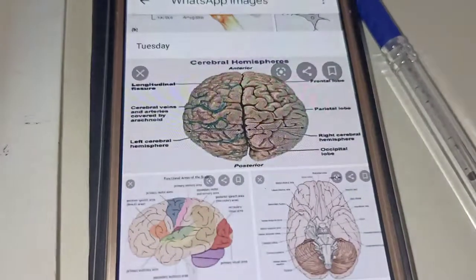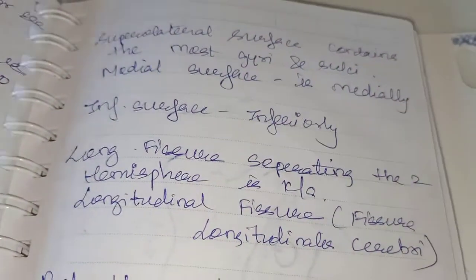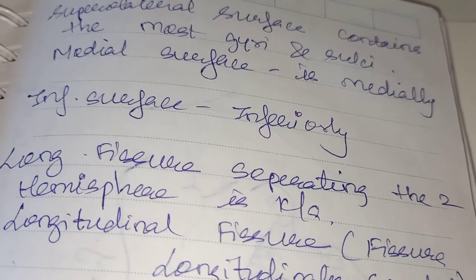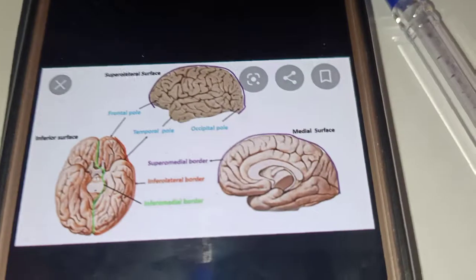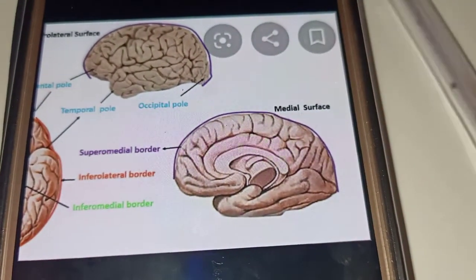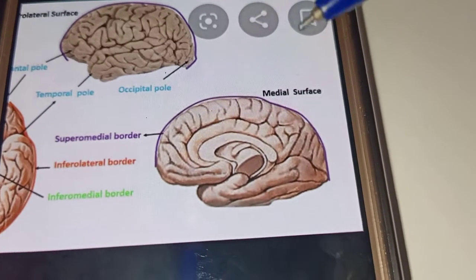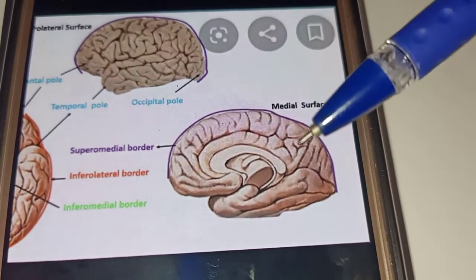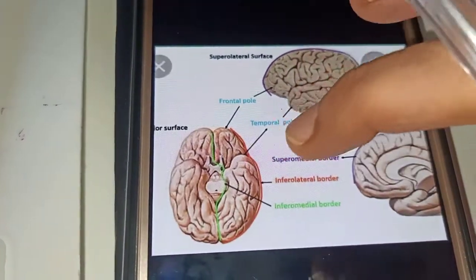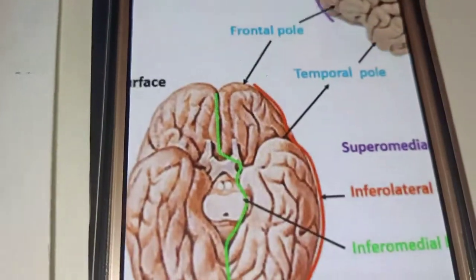The medial surface is present medially. We'll talk in detail about what the contents of the medial surface are. So this is the corpus callosum. I'll talk in detail about the medial surface, and the next surface is the inferior surface.